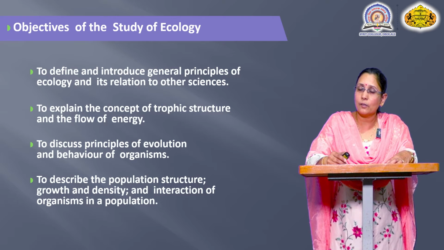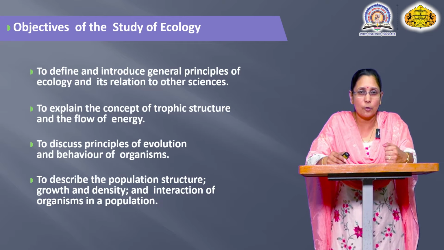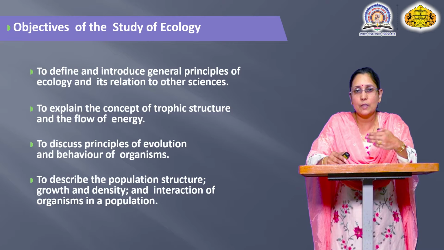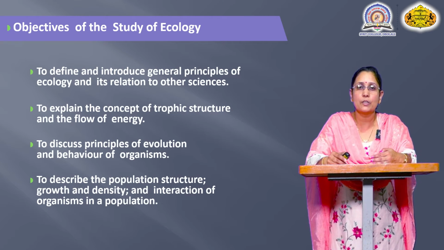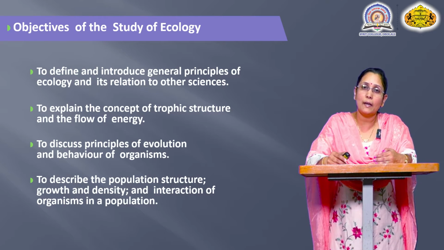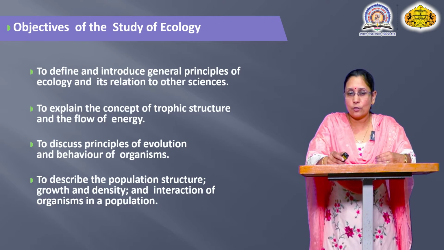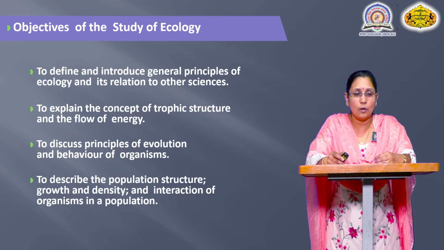In that energy pyramid diagram, or in that trophic structure, we can see this energy is transferred from the producers to the primary consumers to the secondary consumers, and lastly it goes towards the decomposers, right? And we know that the decomposers are again responsible to recycle this energy, right? So this is the concept of trophic structure and the flow of energy.